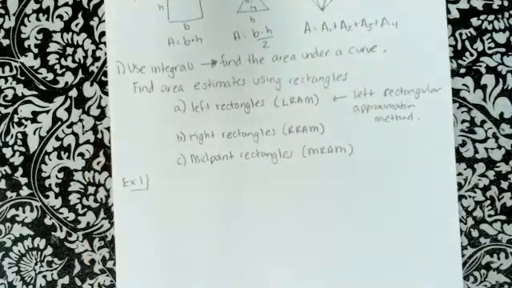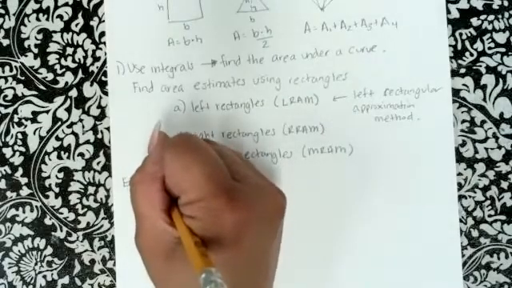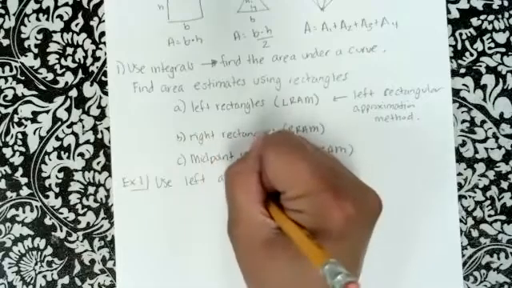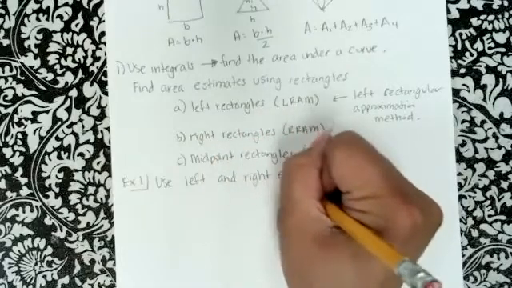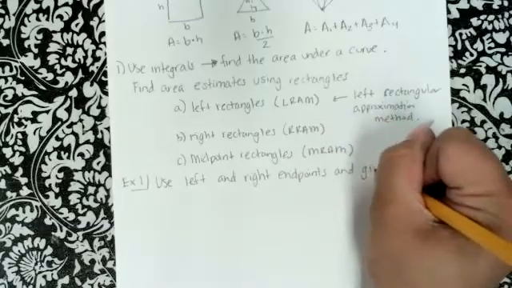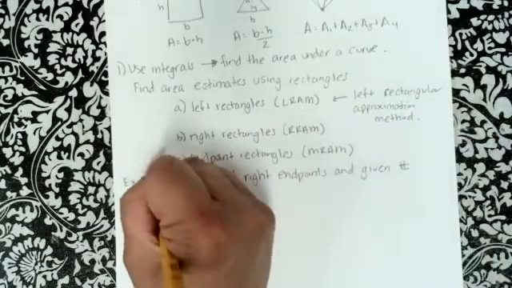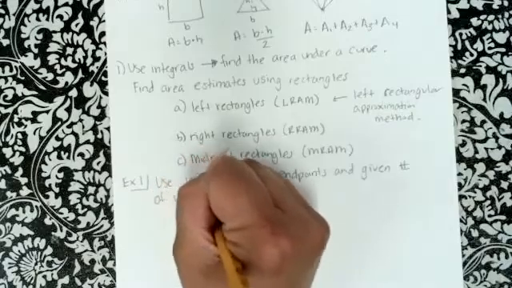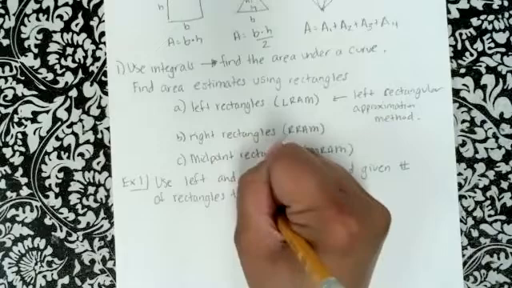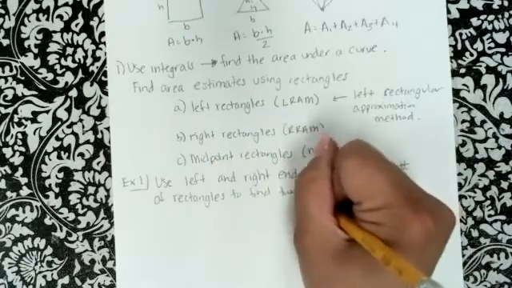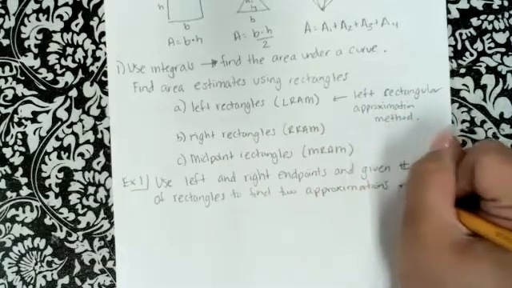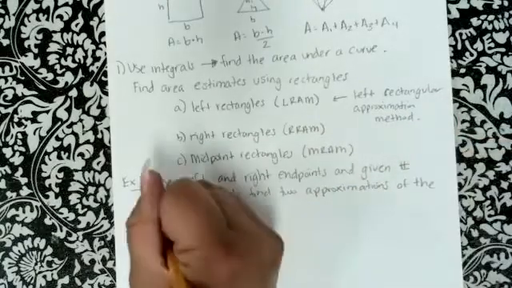We'll go ahead and start off with an example. Use left and right endpoints and a given number of rectangles to find 2 approximations of the area.